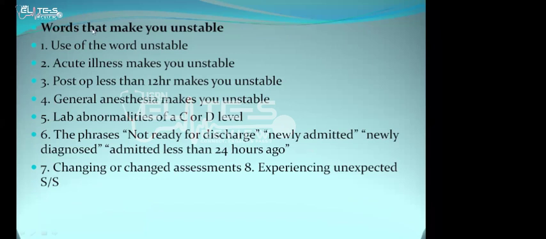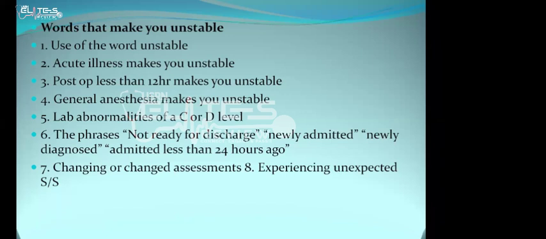So this one too, what makes you unstable. When you get these things or you are experiencing this, it means you are unstable. So the first one is very easy. When the question itself tells you that the patient is not stable, please, no matter how nice you see the situation being described, it means the patient is not stable.